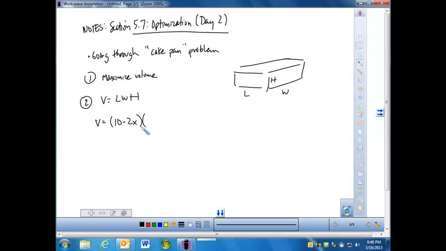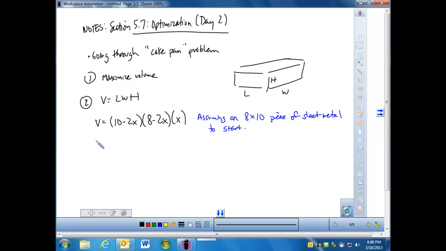As we talked about in class, I just chose a 10 by 8 piece of sheet metal or construction paper. And remember what we said is, if I take that x inch cut out of each corner, the dimensions of my rectangle are going to be this: 10 minus 2x, because I'm cutting it out of each corner, times 8 minus 2x, times x.